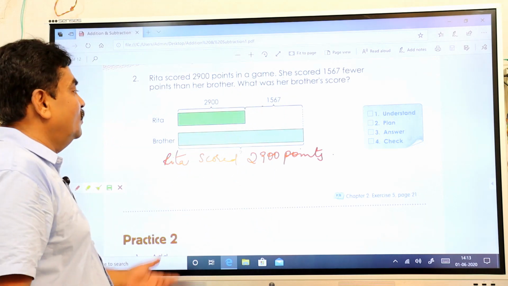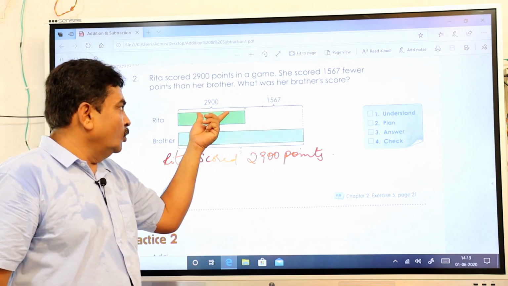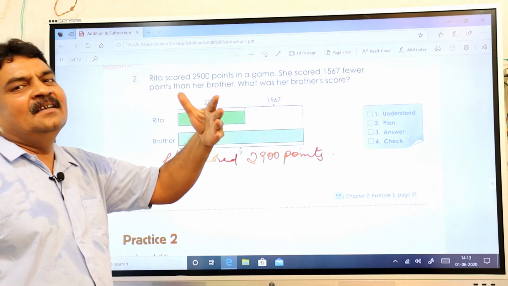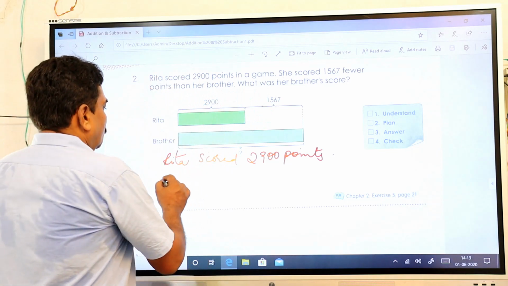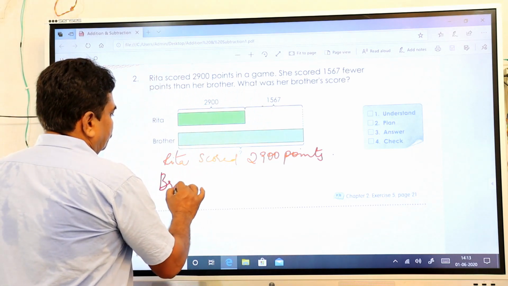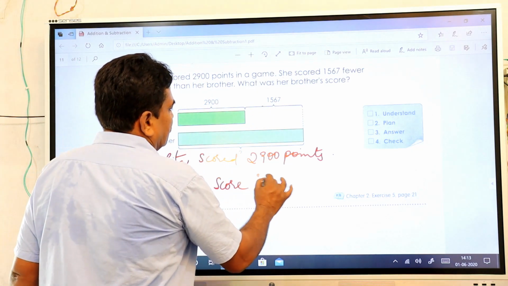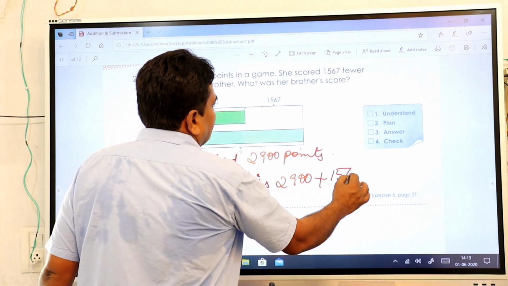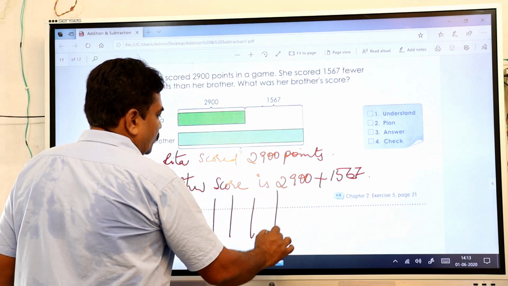If you want to find the brother's score, it is the total of what she scored plus how much she fell short, how much fewer she scored. So the brother's score is 2,900 plus 1,567. Draw the line and do it.